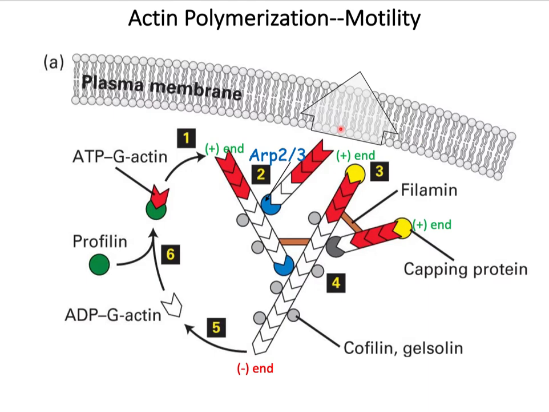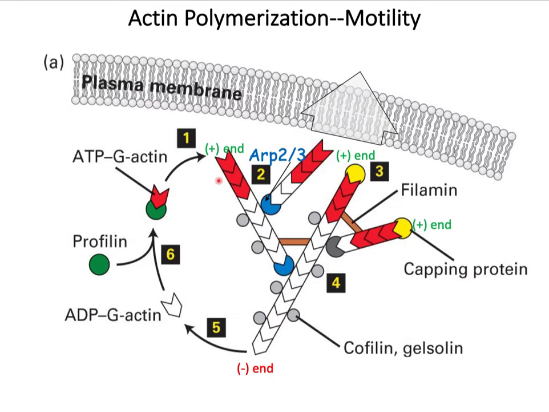So let me mention a couple of other proteins that you can see in this figure. You have the cofilin in gray that we talked about, which is the actin-severing protein that promotes depolymerization at the minus end. Another actin-severing protein that works in the exact same way as cofilin is known as gelsolin. So you can think of these gray circles as either cofilin or gelsolin.